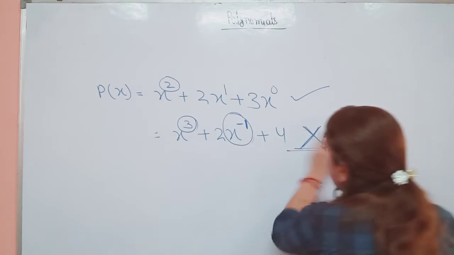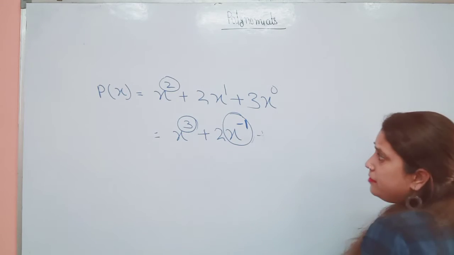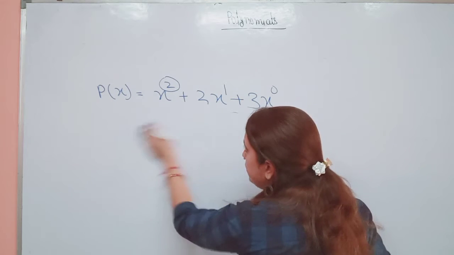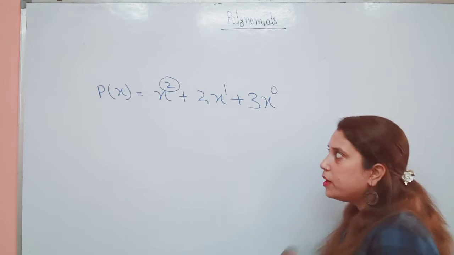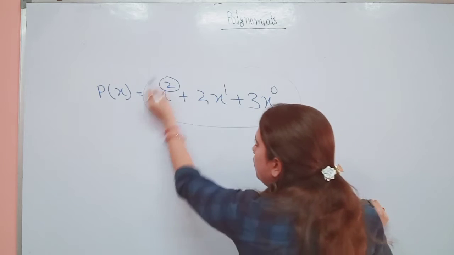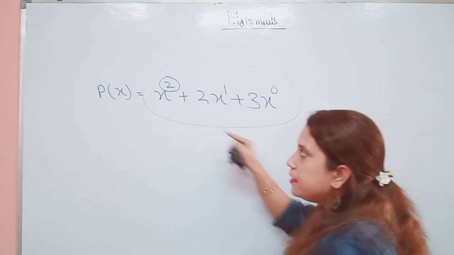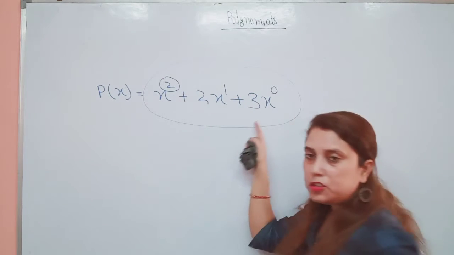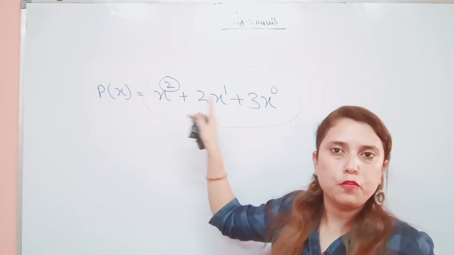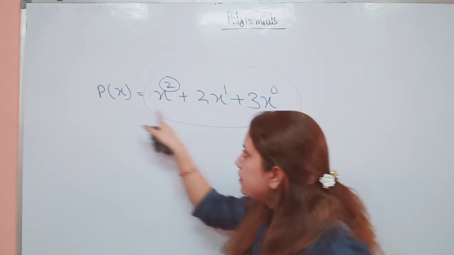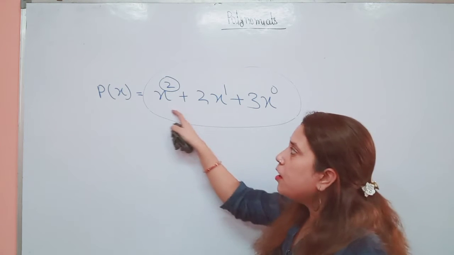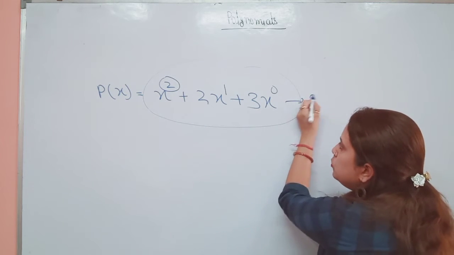Okay beta? Now we have already studied in class 9 how to find the degree. What is the degree of this polynomial? The highest degree of the expression is the degree of the polynomial. So in this expression the degree of the polynomial is 2.